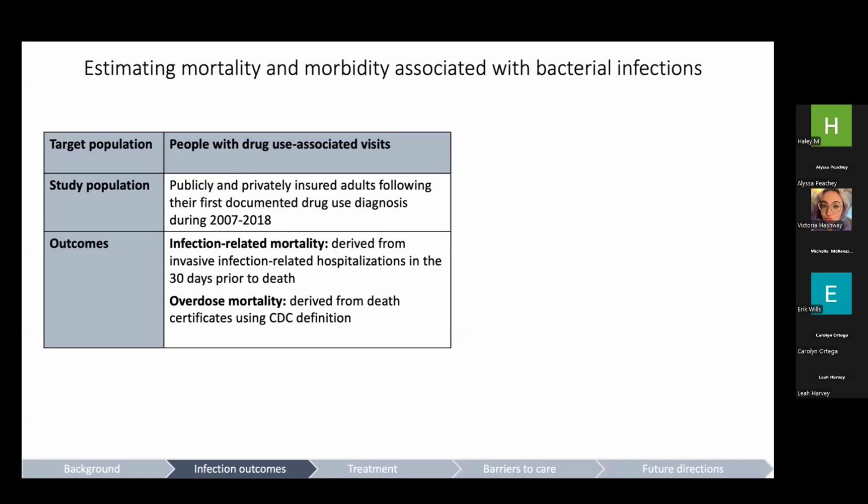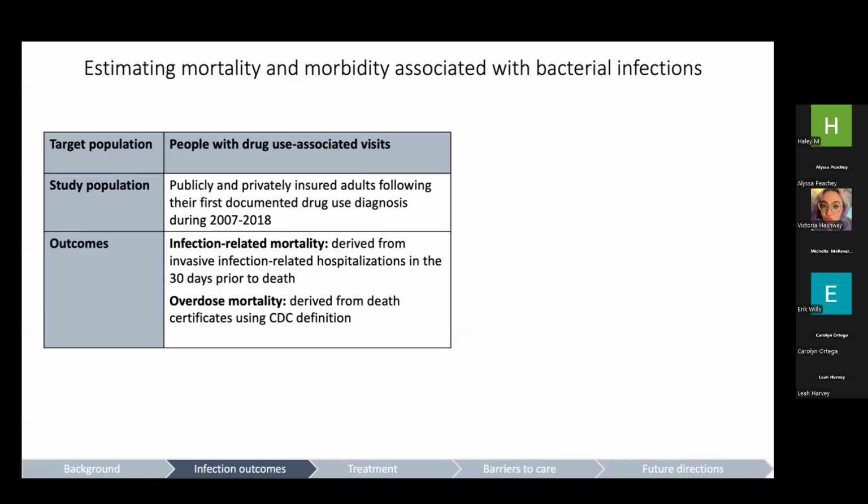So once we create this cohort of people with drug use diagnoses, we can look at what happens to them over time. And in doing so, we can also see, of those who die during follow-up, how many people had a hospitalization for one of these invasive infections shortly before their death.